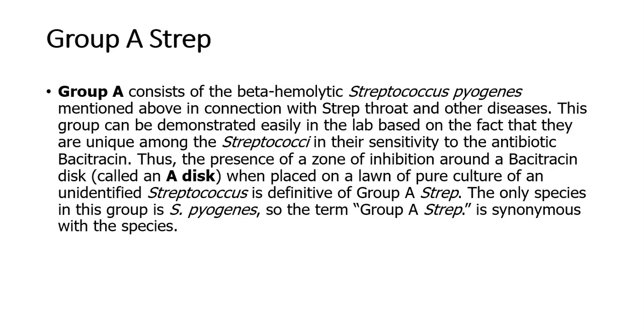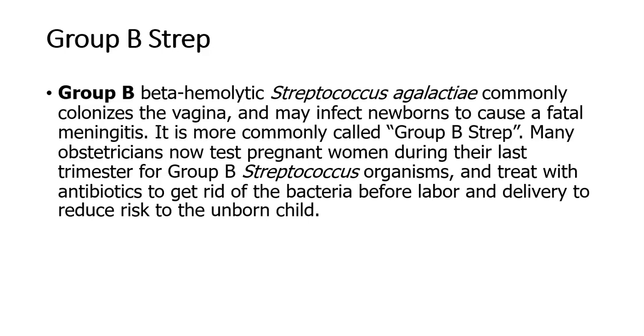All of them are bacitracin sensitive, and so we can figure this out with the bacitracin disc, which has an A on it to represent that lovely little antibiotic. If it's sensitive to it, we know it's a group A strep. Group B streps are beta hemolytic, again, Streptococcus agalactiae.